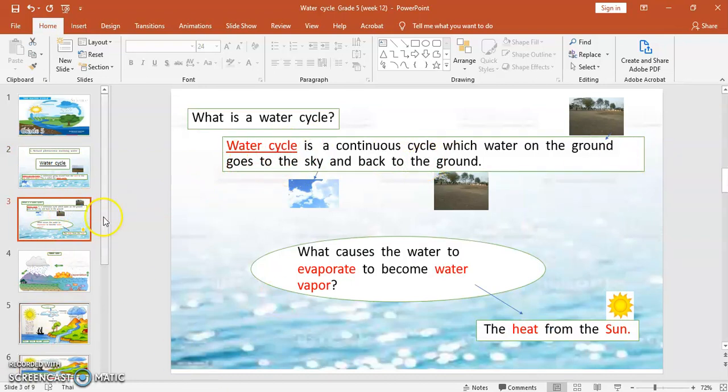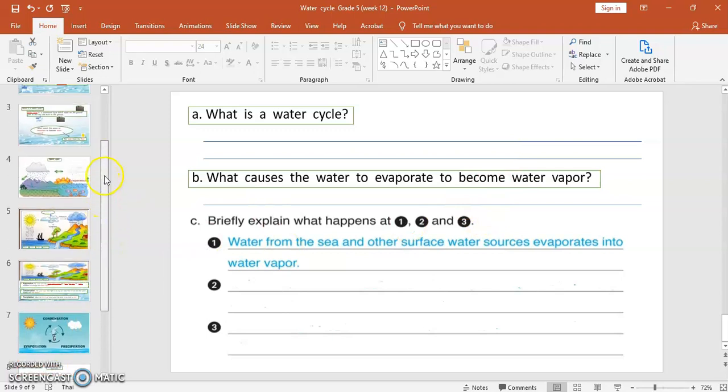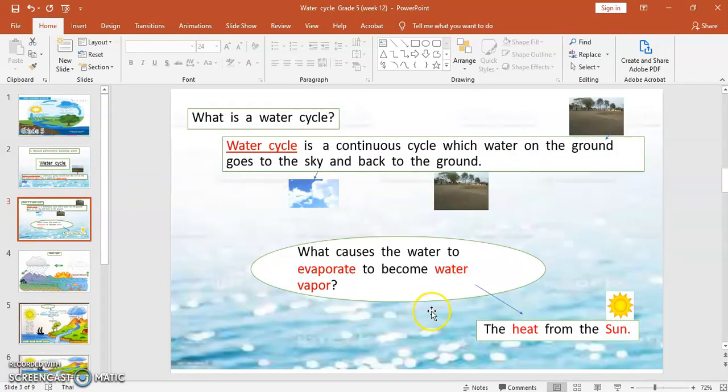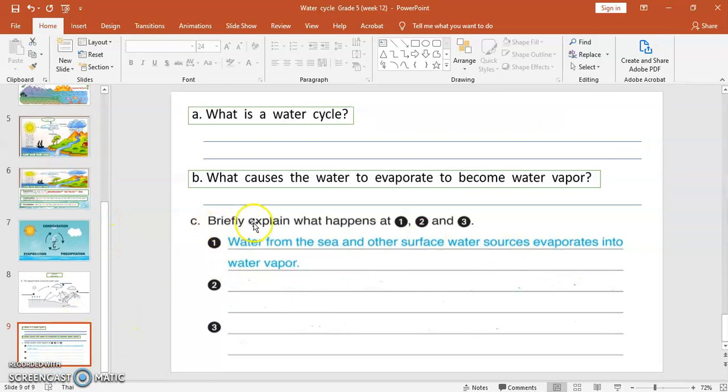Okay, next question: what causes the water to evaporate to become water vapor? The heat from the sun. Then, briefly explain what happens at 1, 2, and 3. So, write here the explanation.